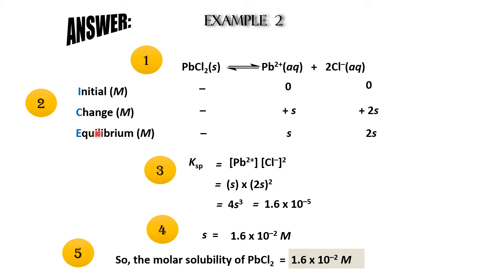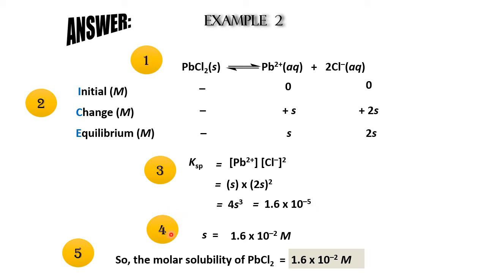After the ICE table, step 3, write down the Ksp according to this equation: concentration of lead 2 plus ion times concentration of chloride ion to the power of 2 because of 2 moles. So S times 2S squared. You have to remember the power of 2 also. 4S squared times S, so equal to 4S cubed. 4S cubed equals 1.3 times 10 to the power of negative 5.